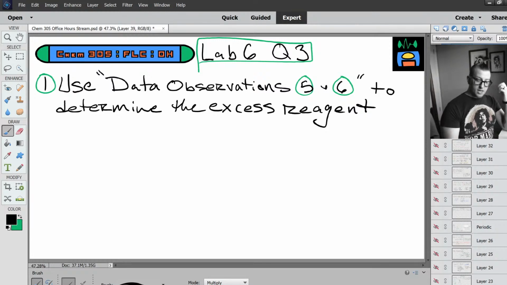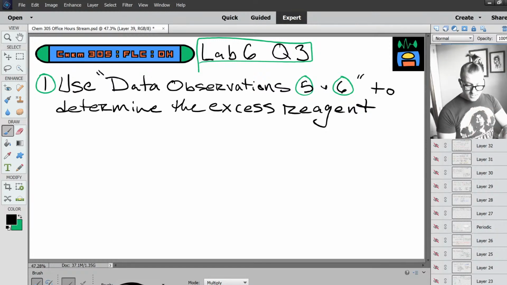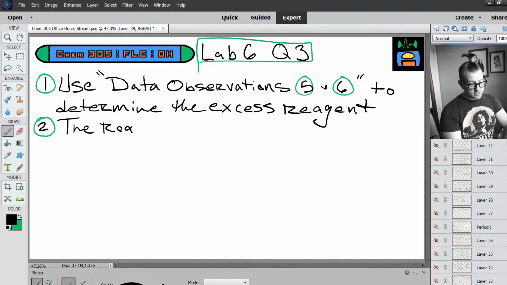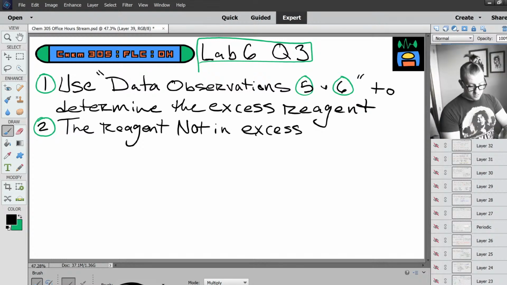All right, and the reason why this is important is the reagent not in excess is the limiting reagent.